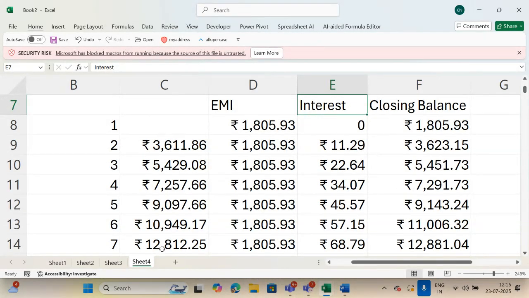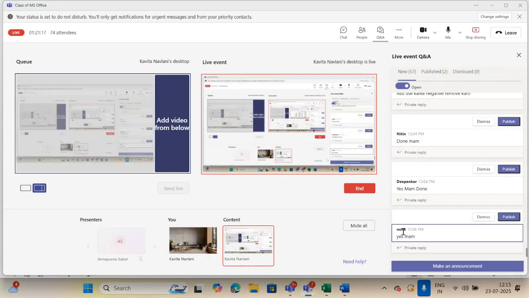Is it clear? Please, give me a fast answer now, because of the time. The time is 12:15 and we need to understand within this session. Please, Chandrasekhar, Dipankar, Nitin, Sudeep, Neha, students, give me the confirmation whether you are getting it or not.